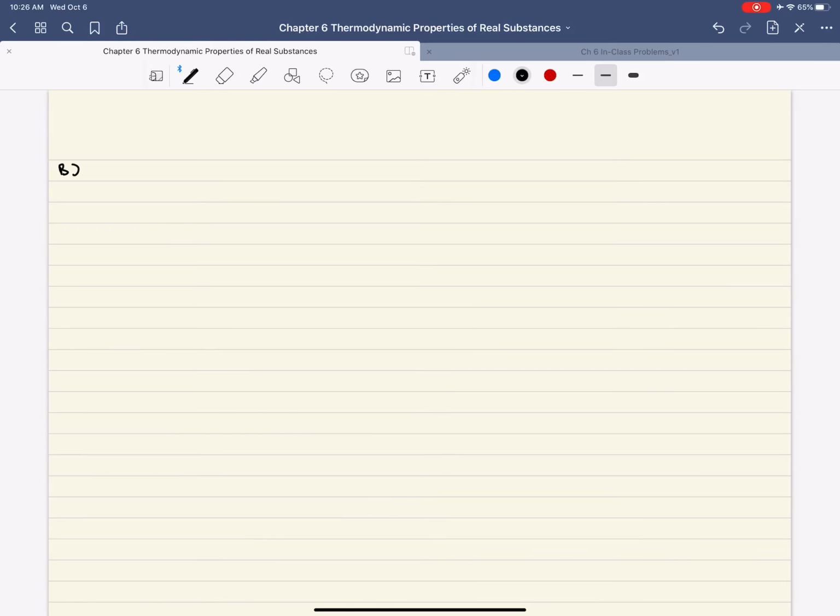But now let's look at a more complicated equation of state, specifically the van der Waals gas equation of state. And the reason why we want to look at this more complicated equation of state is because it actually accounts for the physics of the molecules in our system.